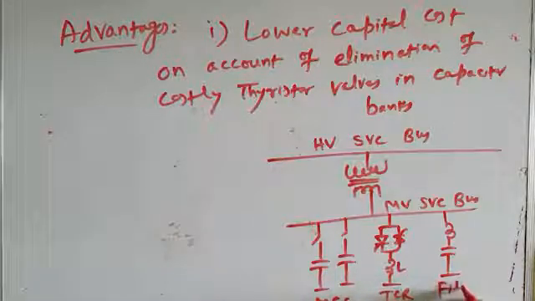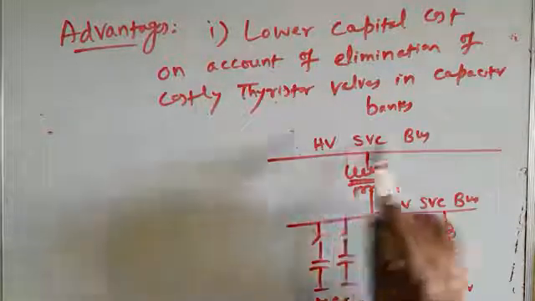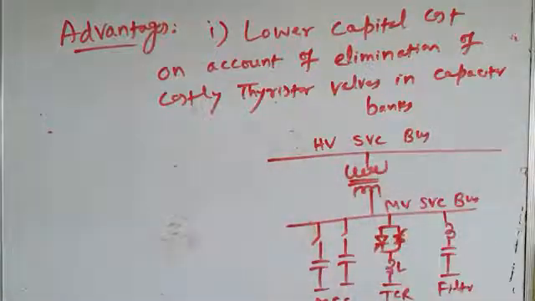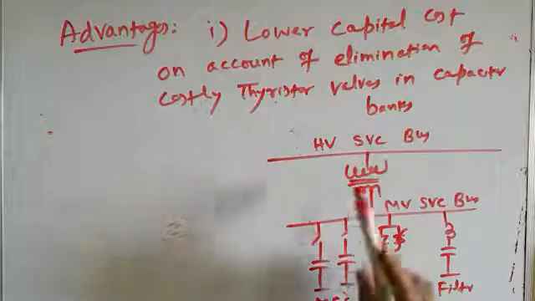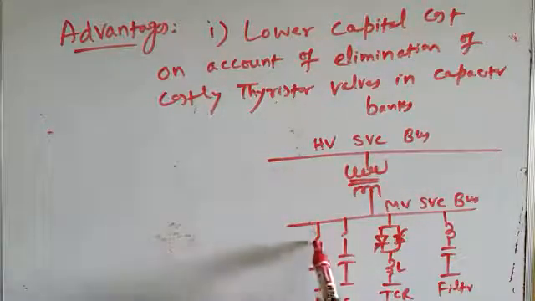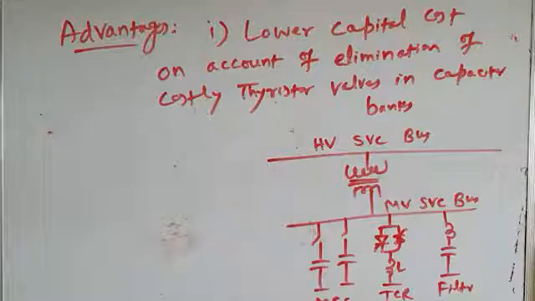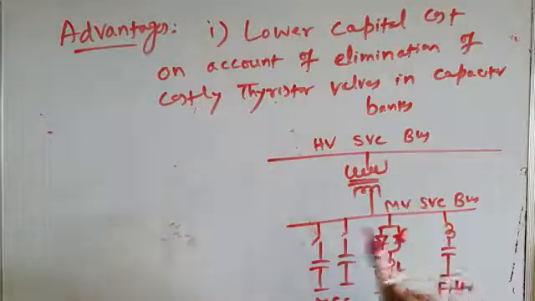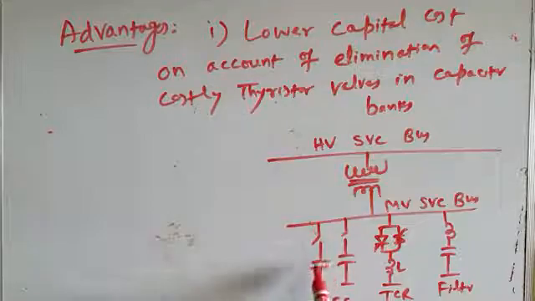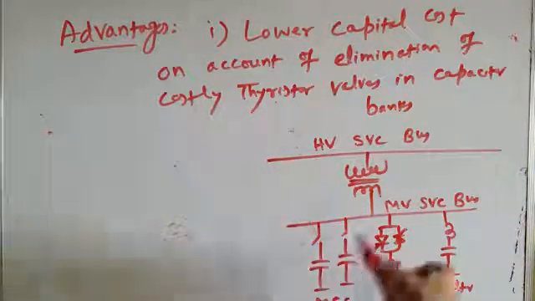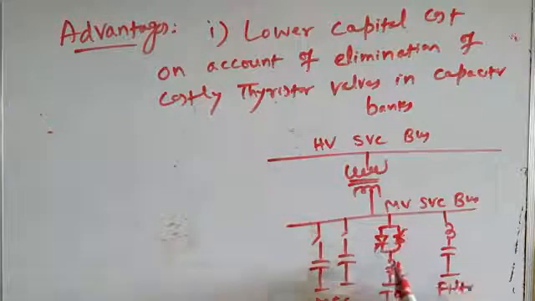This is the harmonic filter. Now, whenever the load has a large reactive power requirement with a poor lagging power factor, the reactive power is generated by these capacitor banks. They are switched in, and the reactive power compensation is done by the capacitor bank. And if the reactive power injected by these mechanically switched capacitor banks is more than what is required by the load, then the excess leading reactive power is absorbed by the TCR by delay angle or firing angle control.